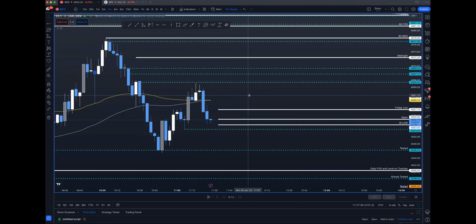What's it going to do off this ladder point? Man, back under the opening. Very interesting. Almost filled the gap. Back to the opening. $52.